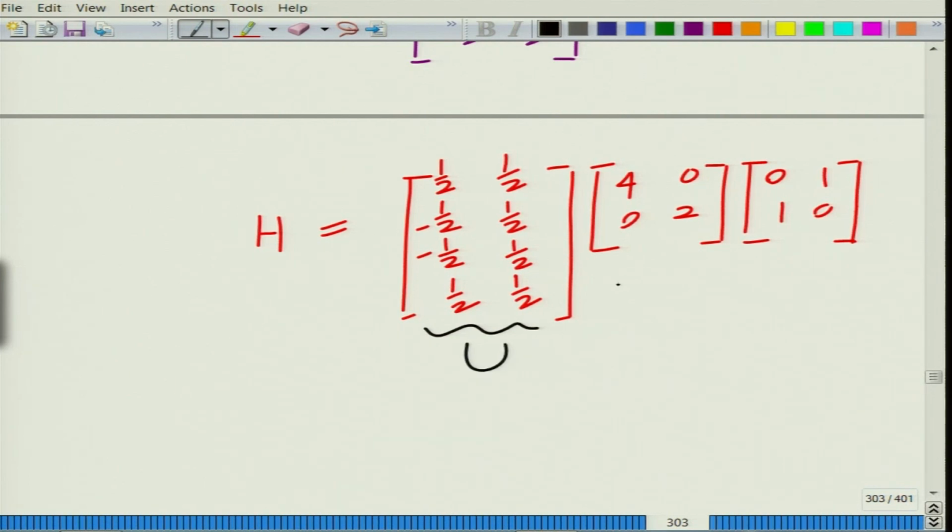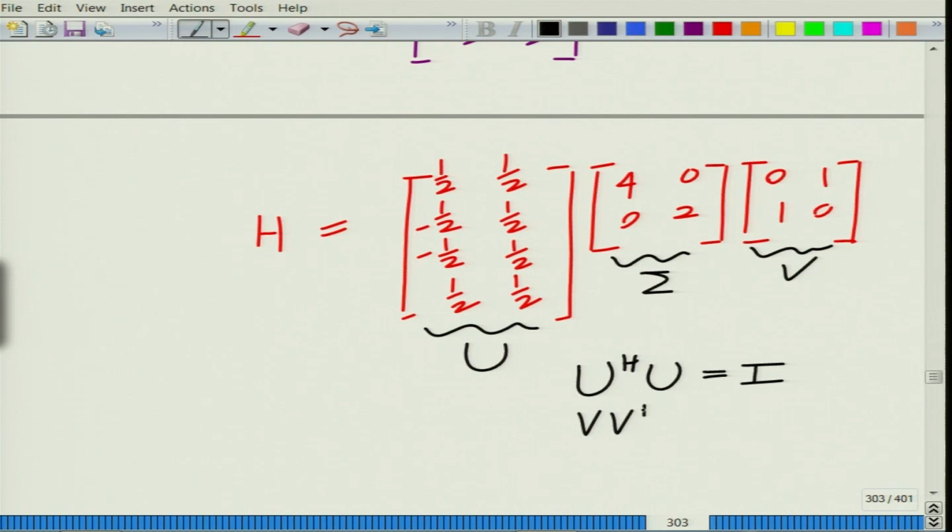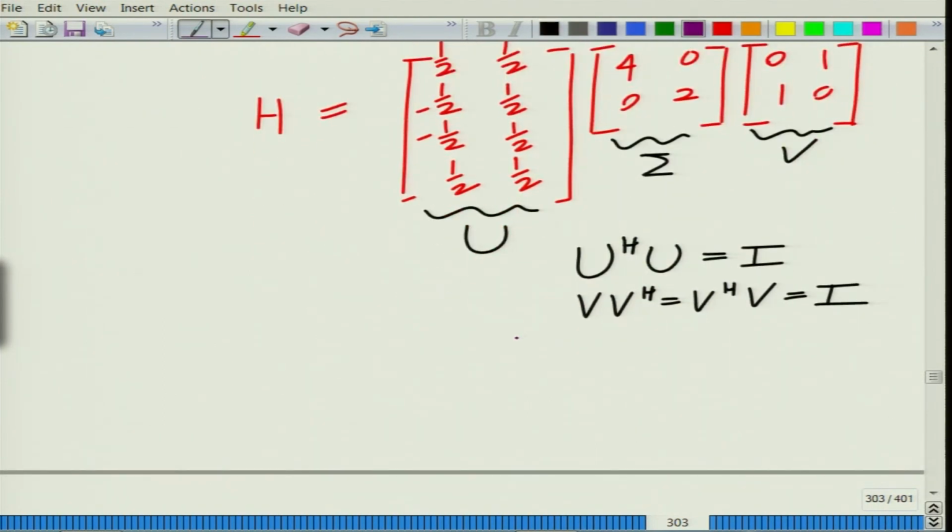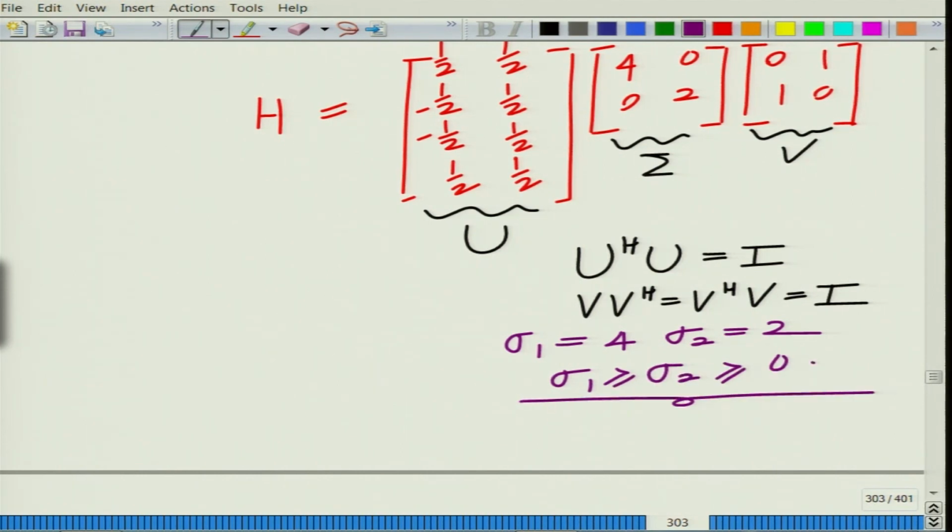So, this is your matrix U, this is your matrix sigma, this is your matrix V. We have U Hermitian U is identity, V Hermitian V equals identity, and sigma is diagonal with sigma 1 equal to 4, sigma 2 equal to 2, and they are arranged in decreasing order.